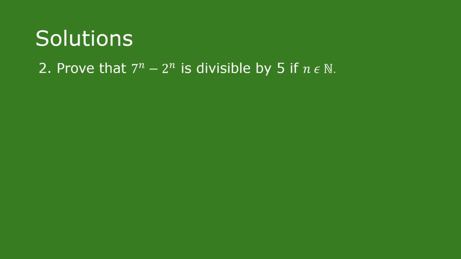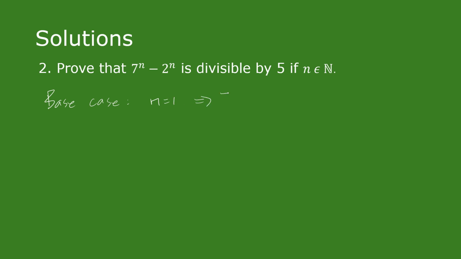Alright, now let's try a different version of the mathematical induction. Let's try to prove that 7 to the power n minus 2 to the power n is divisible by 5 if n is a natural number. So for the base case, let's make n equal to 1.